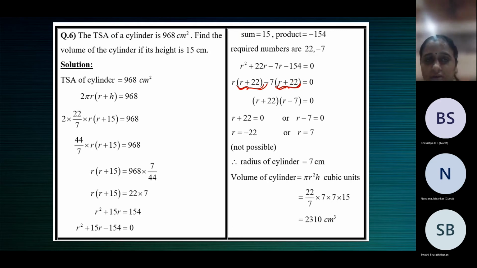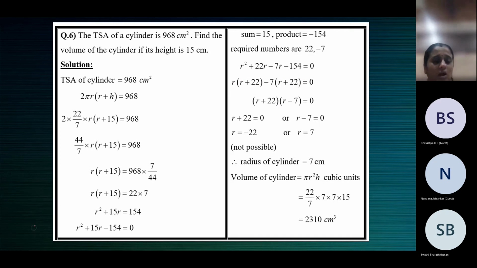Write that common thing, R plus 22, once. Then this R minus 7 in the other bracket.